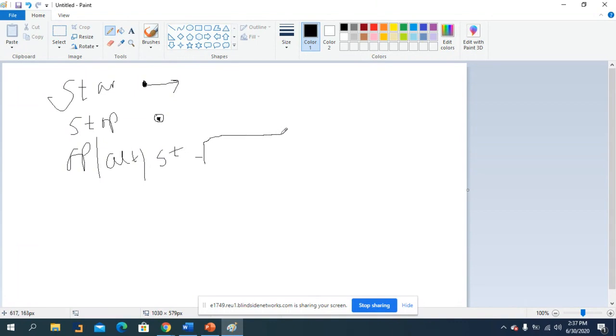Remember, we said these are supposed to be curved. Then from there, we are supposed to have a flow. And this is the one that we are calling event. And this event is represented with this arrow.